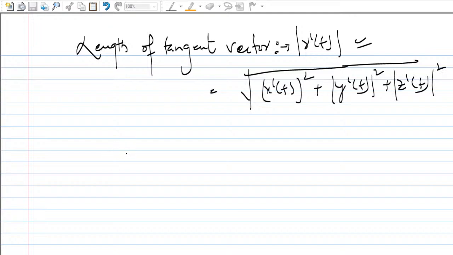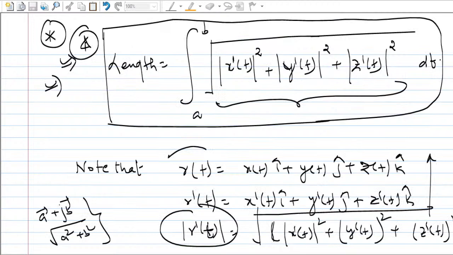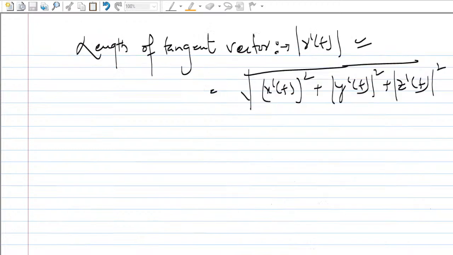And if you look at that integrand carefully, in the case of arc length of a curve, this integrand which is inside the integral is basically the length of the tangent to the curve, right?